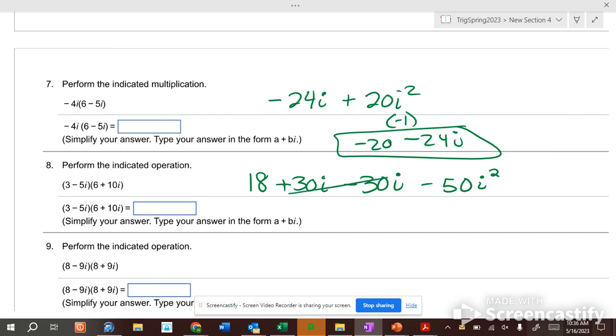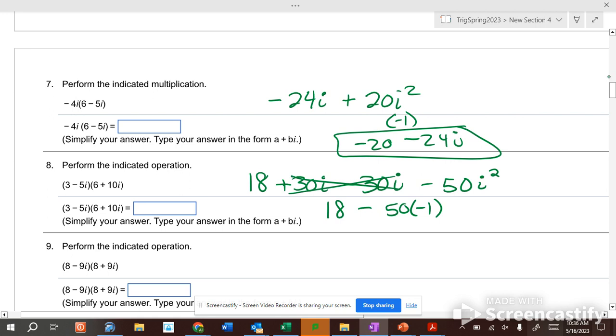All right. So these two cancel. They're gone. So it's 18 minus 50 times, what's i squared? So it's 18 plus 50, which is 68. Ta-da.